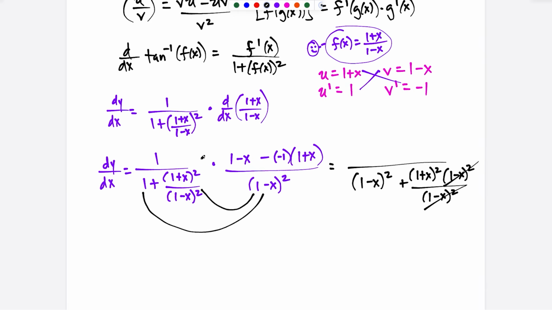And then on top, we're going to have 1 times this whole expression here. So we have 1 minus x, and then minus 1 changes to plus 1, so I have plus 1 times 1 plus x makes 1 plus x. And notice minus x plus x cancels out. So in my next line, dy dx is equal to 1 plus 1 is 2, over, on bottom we have 1 minus x squared, plus we're left with 1 plus x squared.